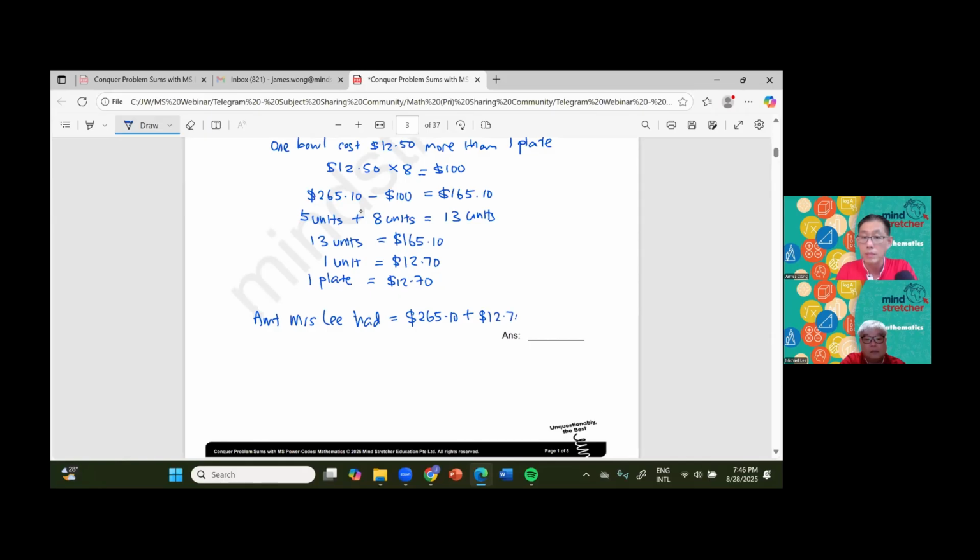And I also know that she will have 220 left. So plus that 220, then I will be able to know the total actual amount that she has. If I sum all this up, you will get the total, 280. Okay, so this is the answer, the total amount that Mrs. Lee has.